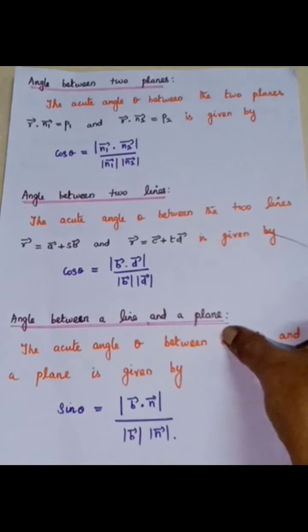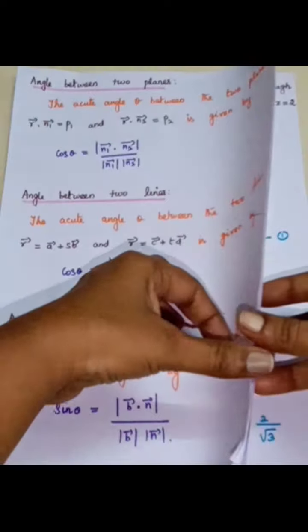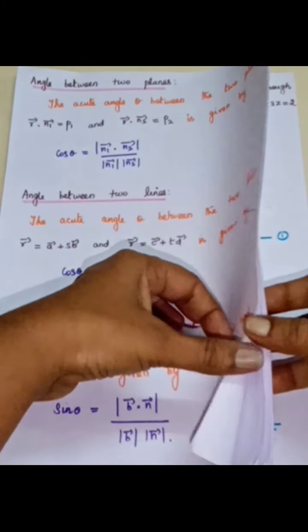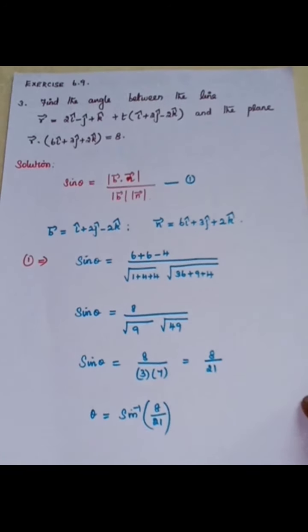Okay, using this we are going to do the problem of angle between two planes and angle between a line and a plane in exercise 6.9. So in exercise 6.9 you have problem number 3.